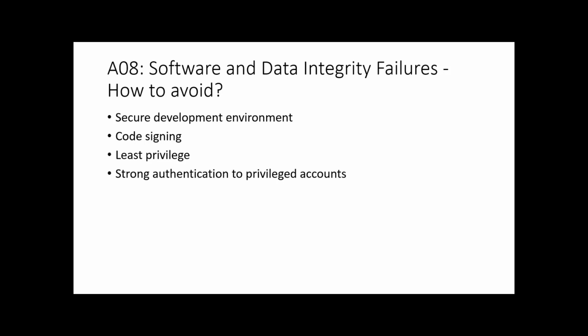Then least privilege is another thing: your software should only have the privileges it requires for performing its action. And then strong authentication for privileged accounts. In your entire development pipeline, whoever is your DevOps, whoever is responsible for building your solution, should have only the privileges required for them.